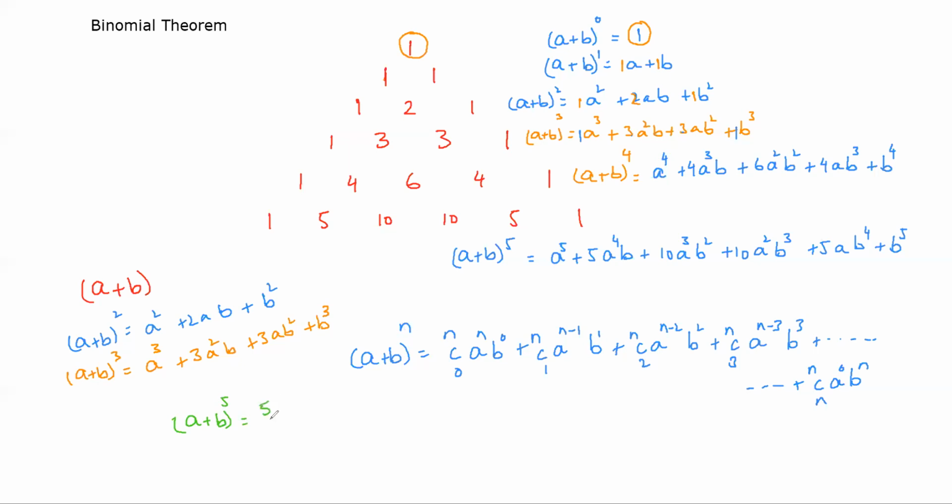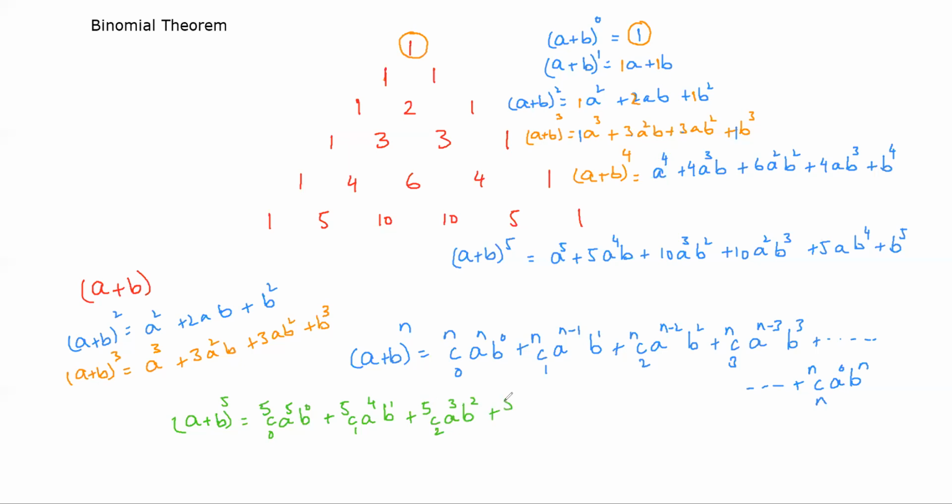This is 5C0, a raised to power 5 and b raised to power 0. Then you have 5C1, a raised to power 4, and this is b raised to power 1. Then you have 5C2, a raised to power 3, and then there is b squared.